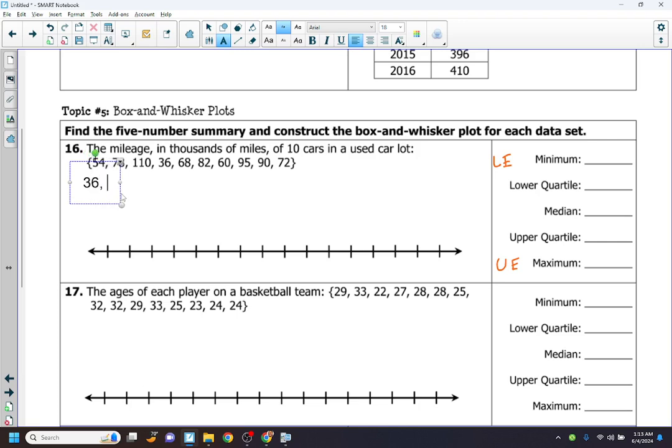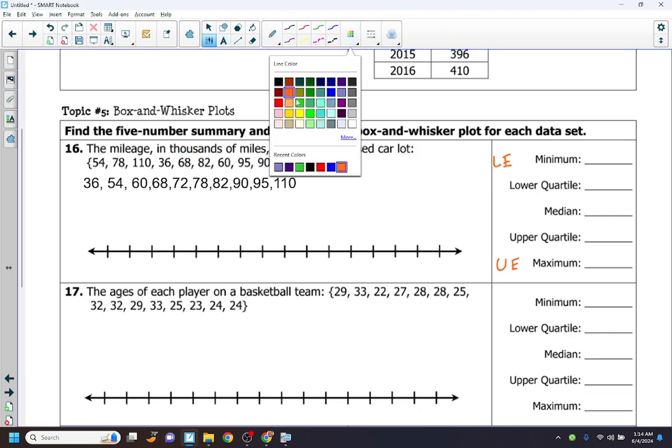36, 54, 60, 68, 72, 78, 82, 90, 95, 110. Okay. All right. So first we want to figure out the middle.